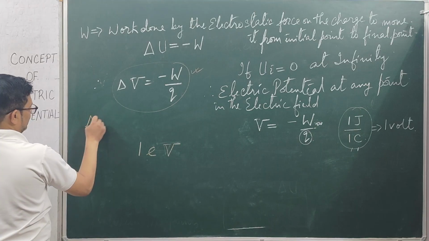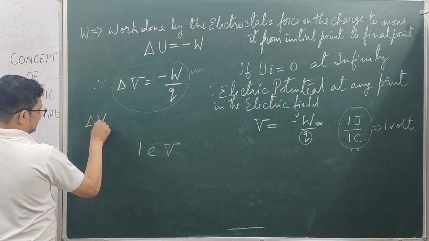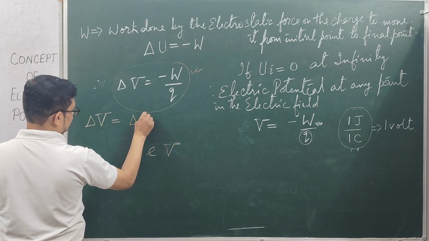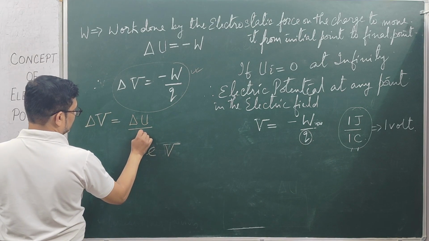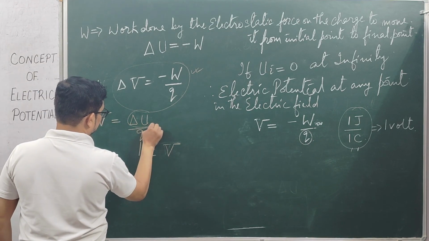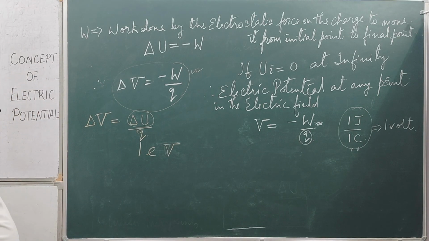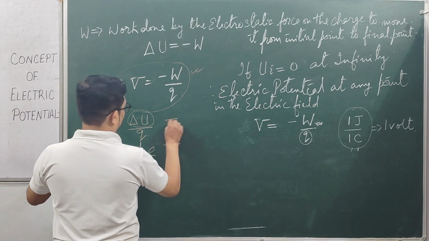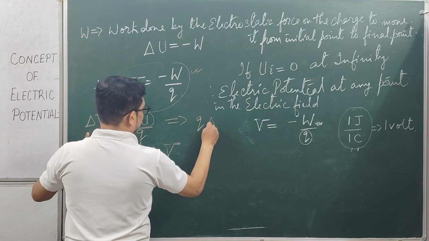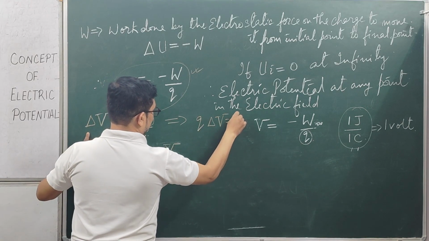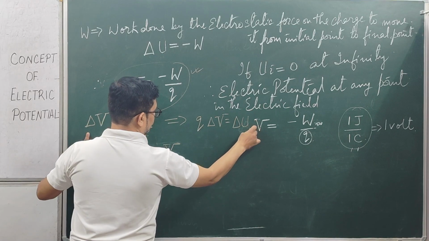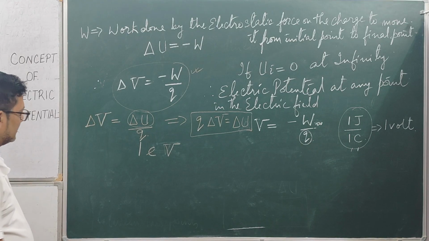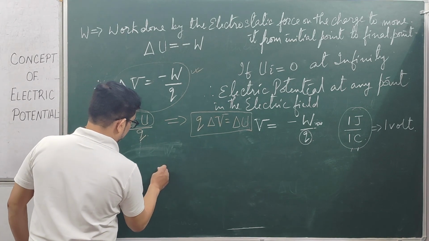So delta V is equal to minus W over Q, which is basically delta U over Q. So the energy is equal to Q times delta V. From here, Q times delta V is equal to the difference in potential energy between the 2 points. Now using this, we'll define the electron volt.